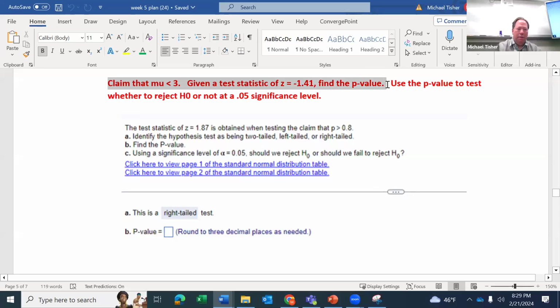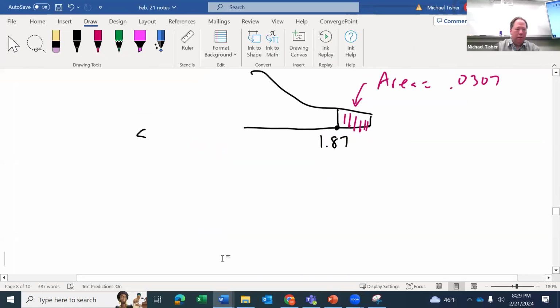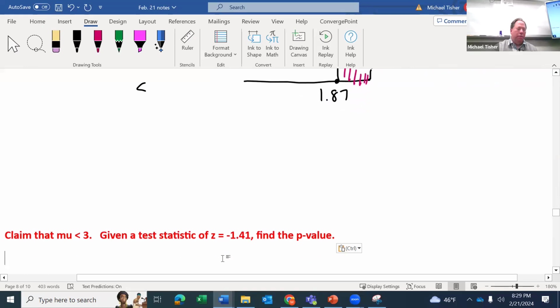Okay, we claim that mu is less than 3, given a test statistic of z equals negative 1.41. Find the p-value. All right, so see what you can get with this one.